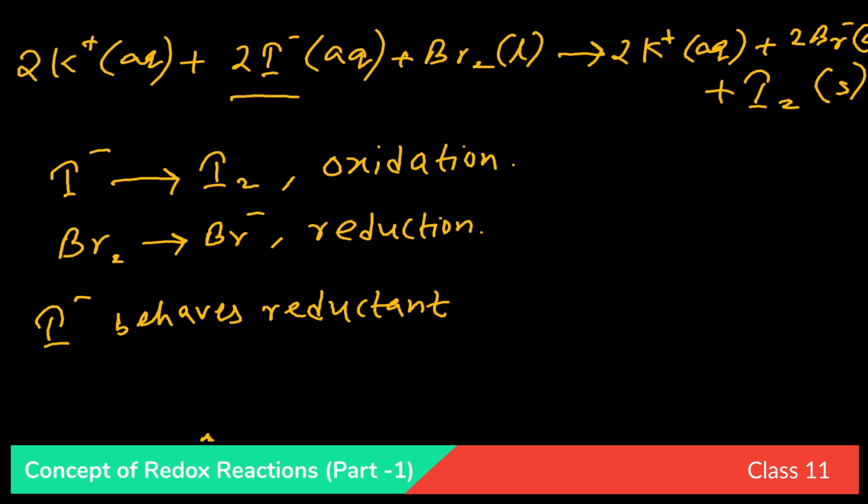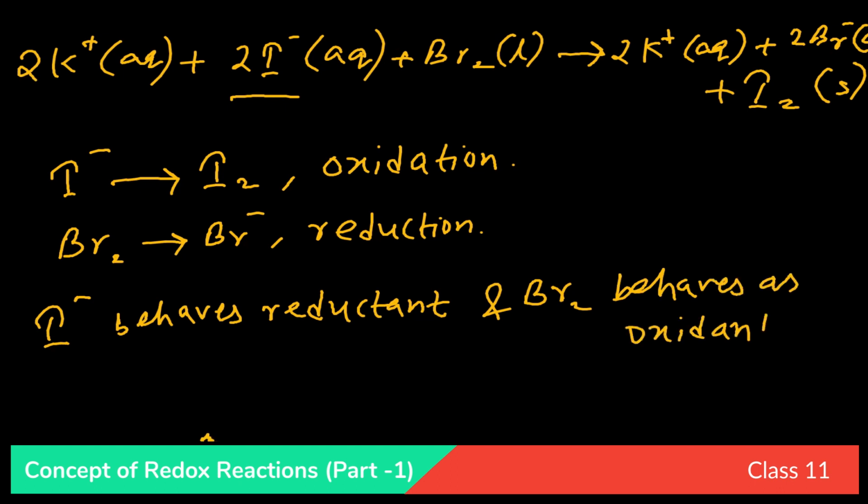And on the contrary, this bromine, that is Br2, it behaves as oxidant. Okay, that means bromine has reduced itself to bromide ion, and it has helped iodide to get itself oxidized to iodine. So with the help of this equation, or rather this reaction, we can get a clear idea about oxidant and reductant.